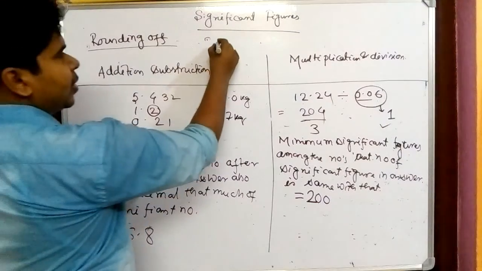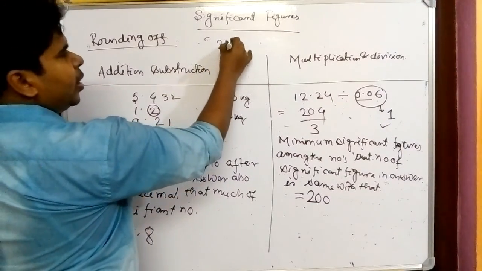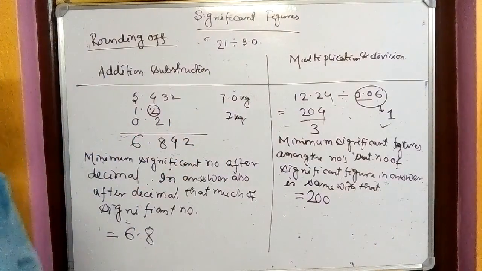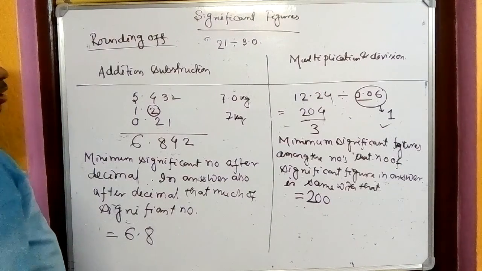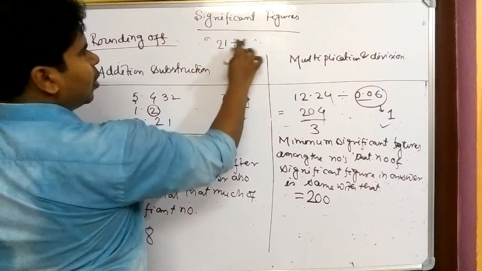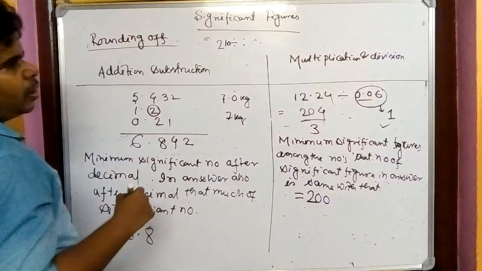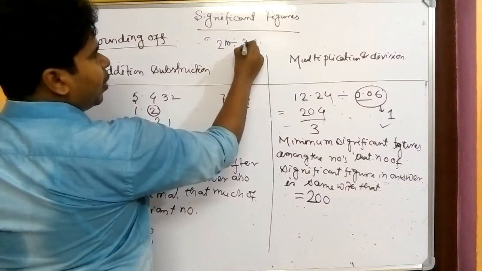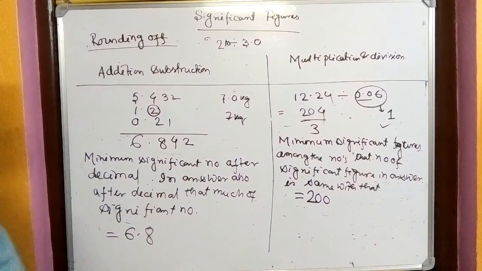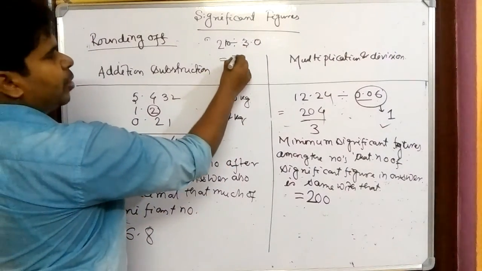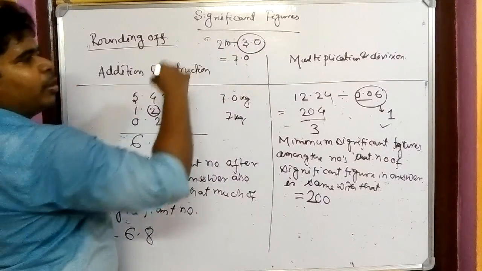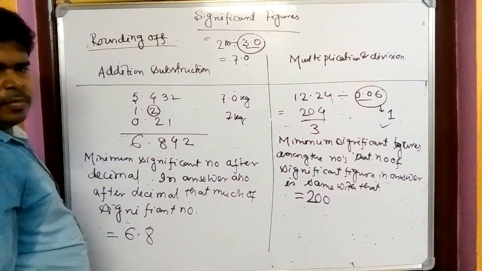Now think like this: if it is 21.0 divided by 3.0, it is clear the answer will come 7, but we will write the answer as 7.0, because the lowest number we have taken is 3.0, which has two significant figures.